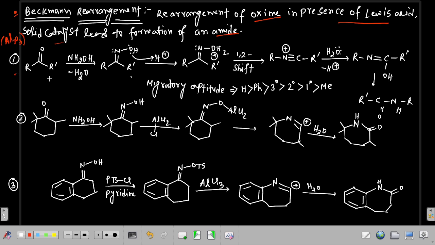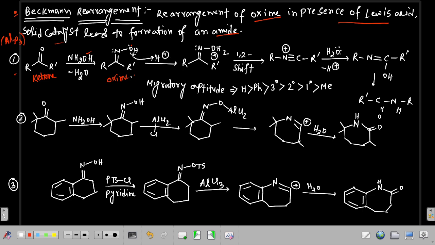So the oxime will be formed from the ketone. This is the ketone. The ketone reacts with hydroxylamine to give the oxime. Now this oxime will react in the presence of an acid catalyst.